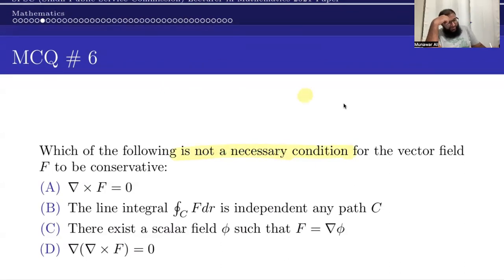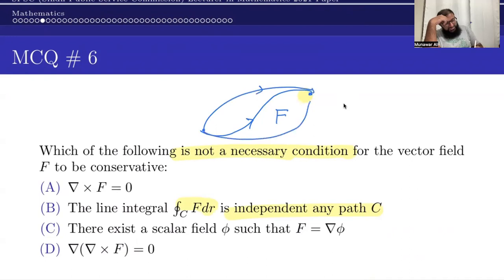So you have a point A, you have a point B, you integrate a vector field along this curve. If you take this path, or this path, or this path, each time you will get the same answer. This is called a conservative vector field.